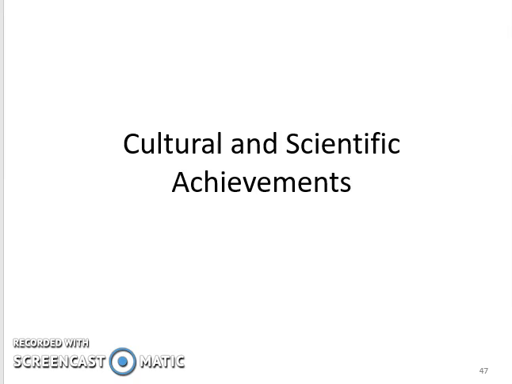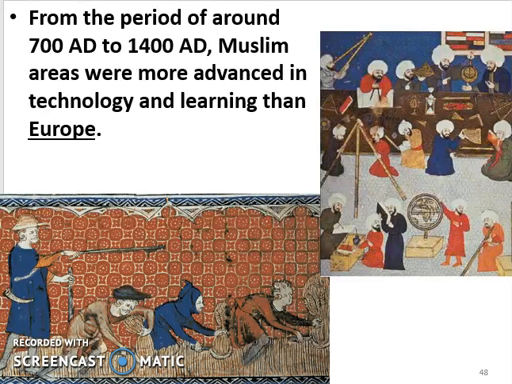There are some cultural and scientific achievements of note from the Islamic Empire. From the period of around 700 to 1400 AD or CE, Muslim areas were more advanced in technology and learning than Europe. This is because at this time in Europe, they're going through what you might have heard referred to as the Dark Ages, the Middle Ages.